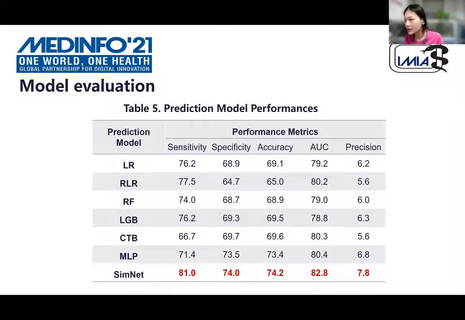It has been shown that the SimNet performs better than the other models in this study, whether in sensitivity, specificity, accuracy, AUC, or precision. Especially, we may notice the improvement in sensitivity because this is clinically meaningful, especially for identifying the outcomes of interest for the minority class, since the ability to identify potential high-risk patients is of great interest in this study.